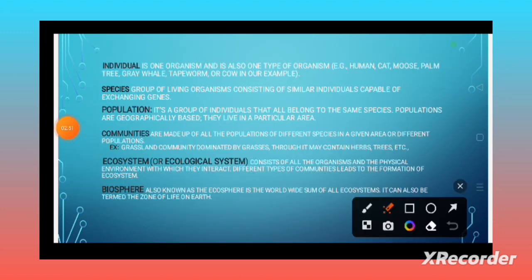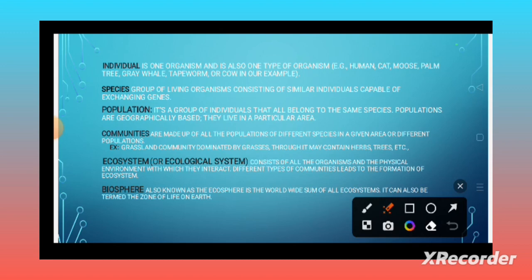And let's see the individual. An individual is an organism like a human, cat, mouse, palm tree, tapeworm, cow, etc. These are different individuals. Only a single organism is known as an individual.